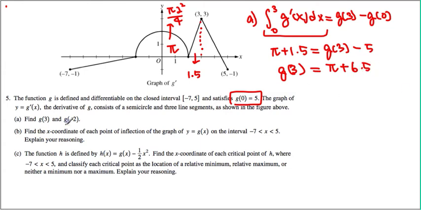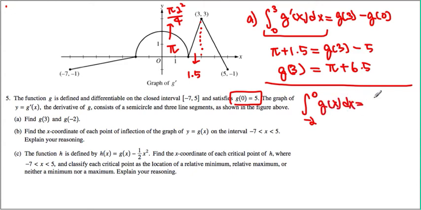Similarly, what we can do is g of -2. G of -2 has to be going from -2 to 0 for g prime of x dx, which will be equal to g of 0 minus g of -2. Now, the area from -2 to 0 is once again equal to pi.